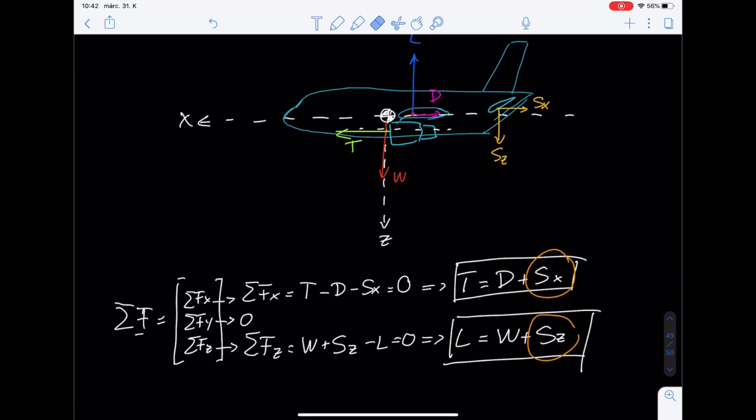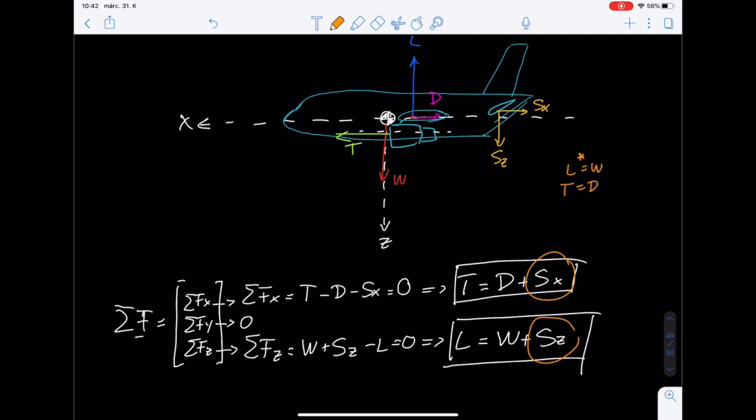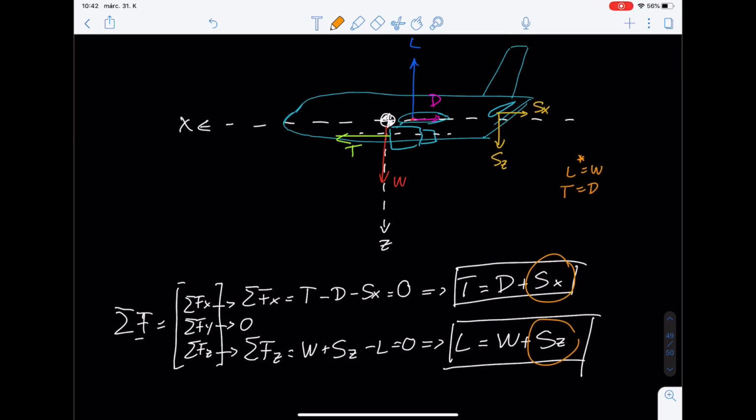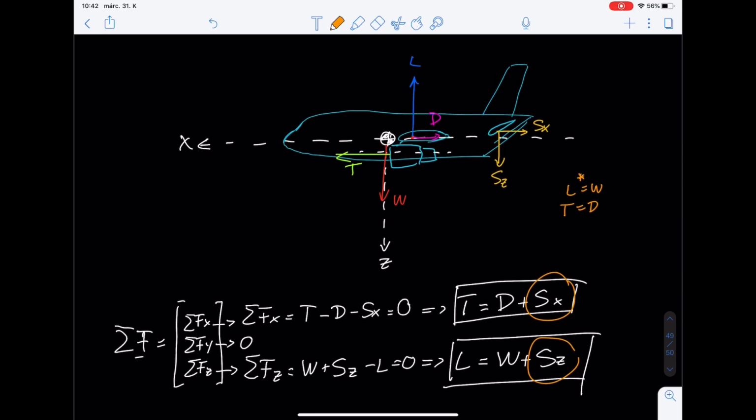Because initially we said, if everything was at the center of gravity and no stabilizer deflection was needed, we simply said that the lift was equal to the weight and the thrust was equal to the drag, and that was all. Now we see in reality that the stabilizer force cannot be neglected if you want to examine the effects on the long-term cruising state.